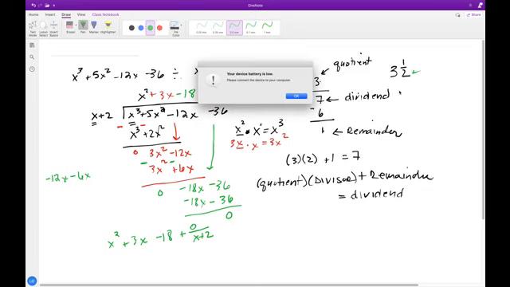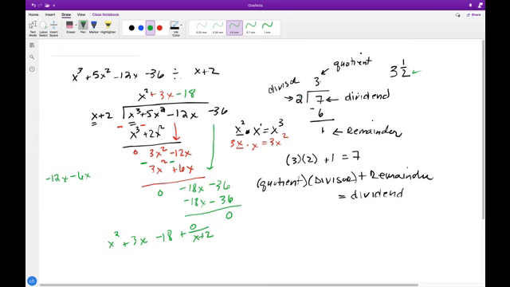Now, the other option is synthetic division. When we're using synthetic division, sometimes people prefer it because it could go a little bit quicker, but your divisor has to be a degree 1 polynomial.